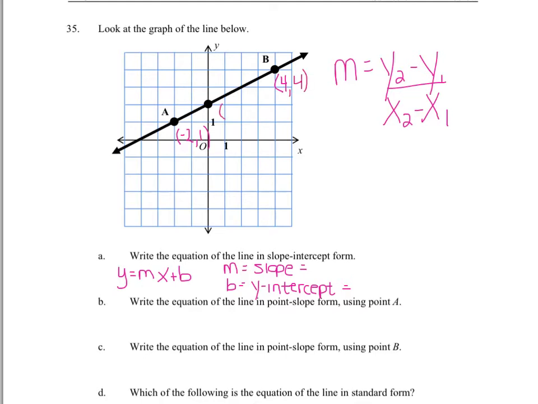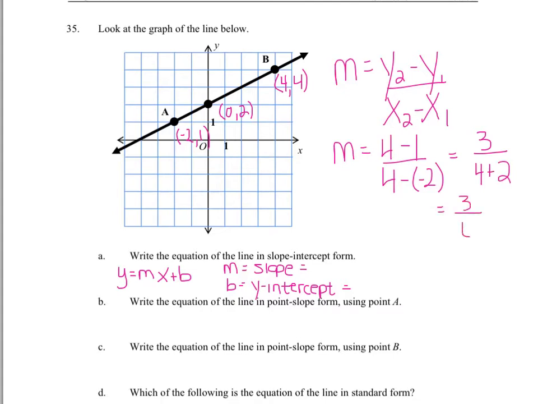I could also pick this point 0, 2, but let's just pick A and B. So I'm going to do y2 for B over y1 for A: 4 minus 1 over 4 minus -2. 4 minus 1 is 3, and 4 minus -2 is the same thing as 4 plus 2. So what we really get is 3 over 6, which is 1/2. So our slope is going to be 1/2.